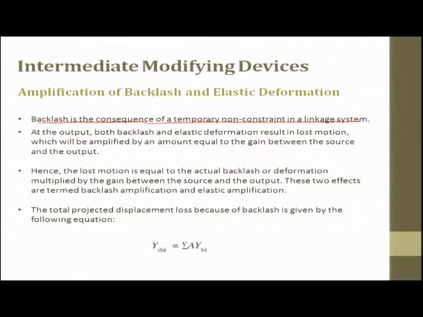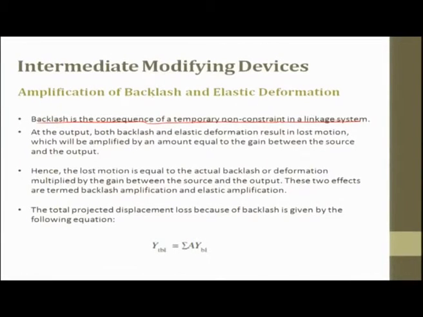So, when you move in the forward direction for 10 rounds, it might move 10 millimeter. When you come in the reverse direction 10 rounds, it might go only 9.5 millimeter. So, the difference whatever is there is called backlash. The same way, this backlash also happens in these linkages. So, backlash is a consequence of a temporary non-constraint in the linkage system.